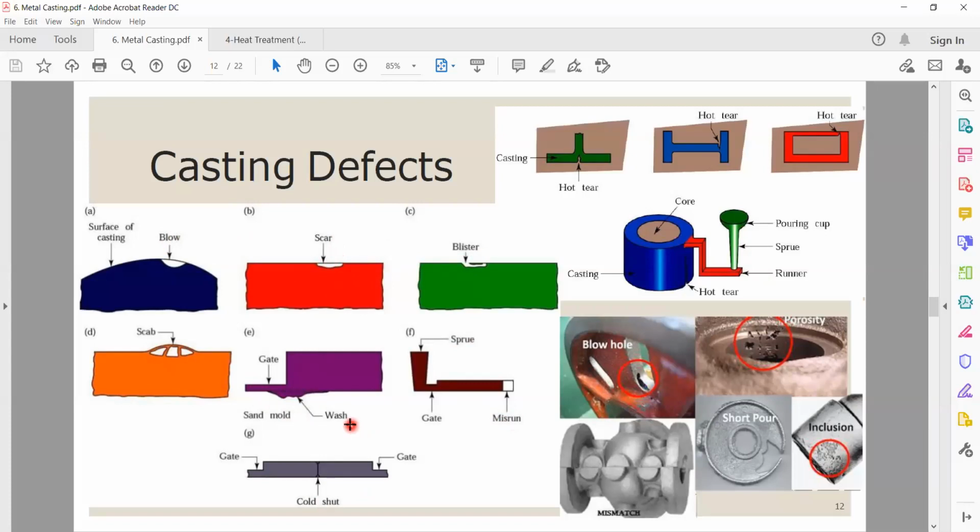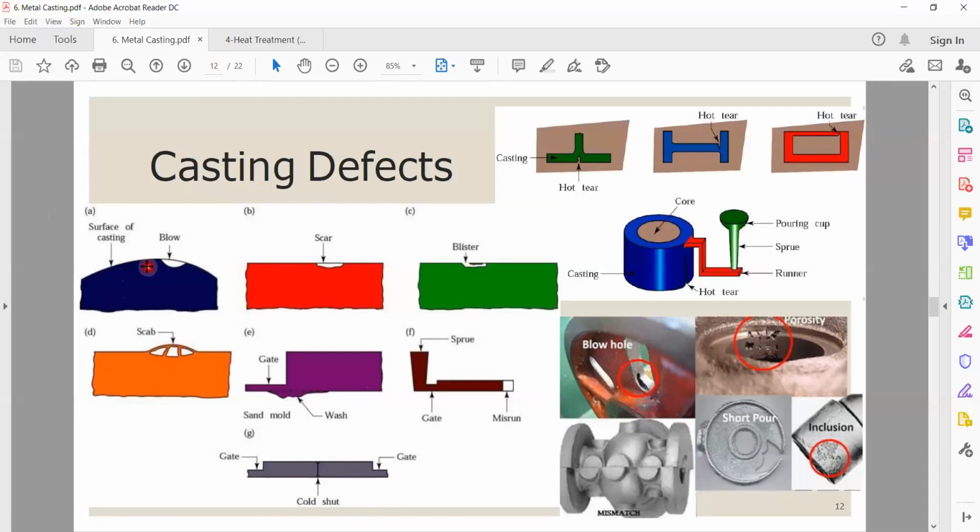There may be a question: name the type of casting defects. So you have to write these names. We can give an image like this and ask you to name the defects, so you have to name the picture.